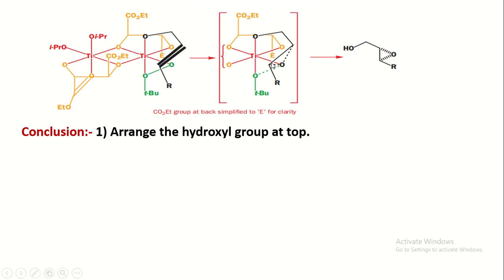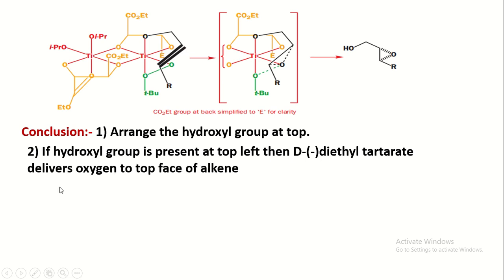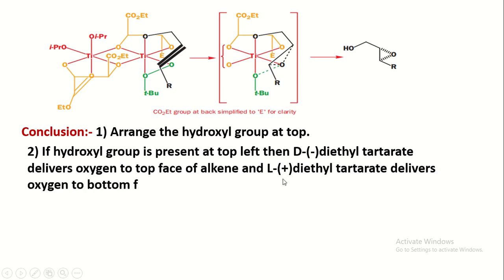Therefore, by using this mechanism, the conclusion can be easily drawn. If the hydroxy group is present at top left hand side, then minus diethyl tartrate delivers oxygen to the top face of the alkene and plus diethyl tartrate delivers oxygen to the bottom face of the alkene.